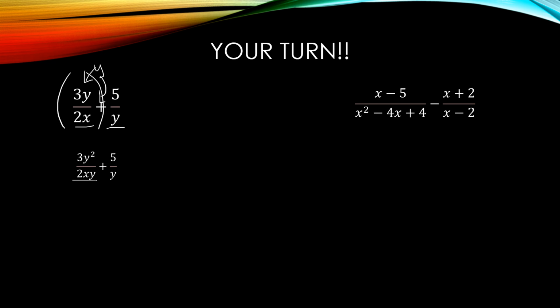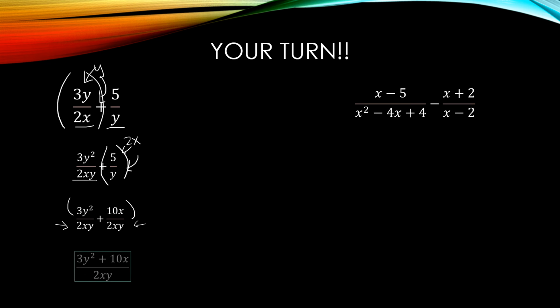And then I went ahead and multiplied this side by 2x so that there was a 2x in the denominator. And so I got 3y squared over 2xy plus 10x over 2xy. Now that these are the same, I can go ahead and add the numerators. And this was my final answer.